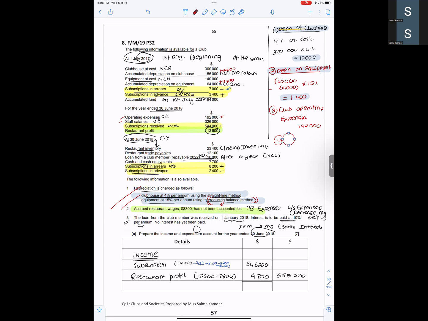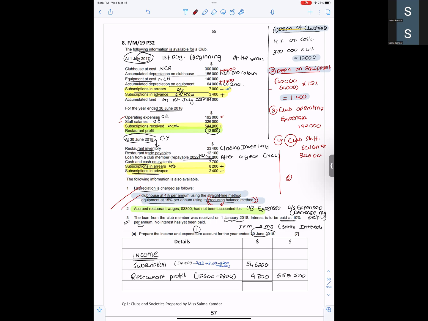So in the income and expenditure account, I will record all the expenses. So I have club staff salaries of 326,000. And my fifth expenditure that I know of is the loan interest.